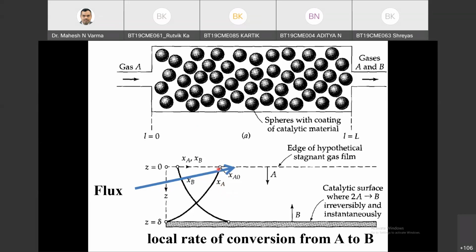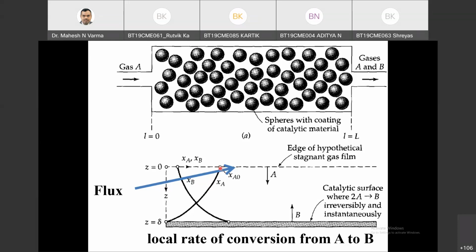No. This concentration profile is with respect to Z, not with respect to time. Consumption will be with respect to time. So here concentration will be Xa0 at time t equals 0, and Xa0 at time t equals infinity. There is no rate with respect to time here; it is with respect to location.